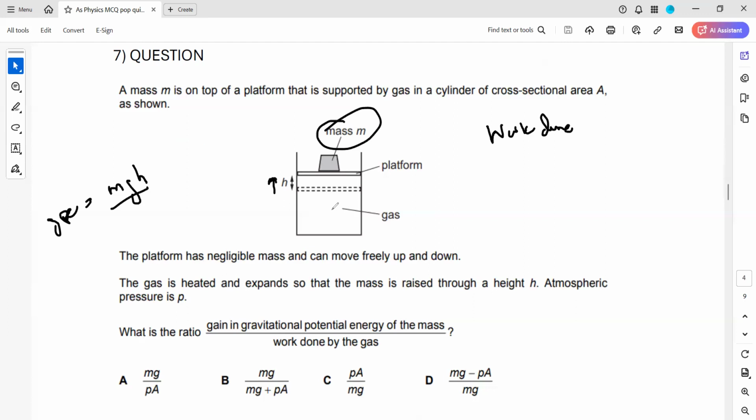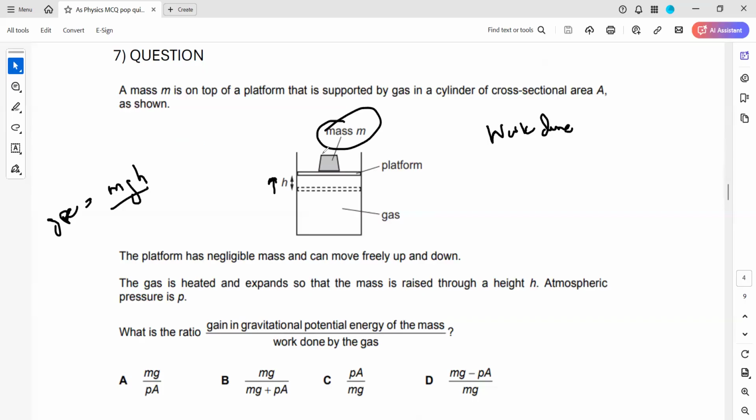And another thing, the gas did work to raise this piston to a certain level. Like changing the level of the piston, that is work done. Additionally lifting this mass also, because it has to apply force and move this mass through a certain distance.